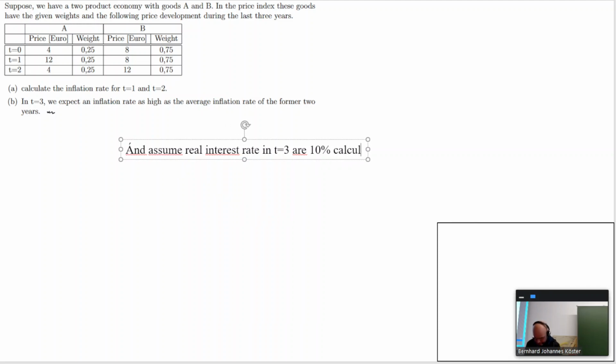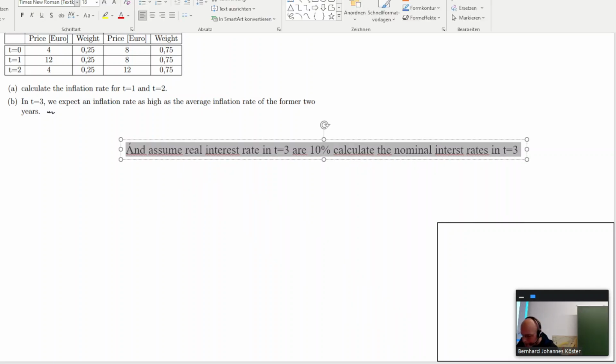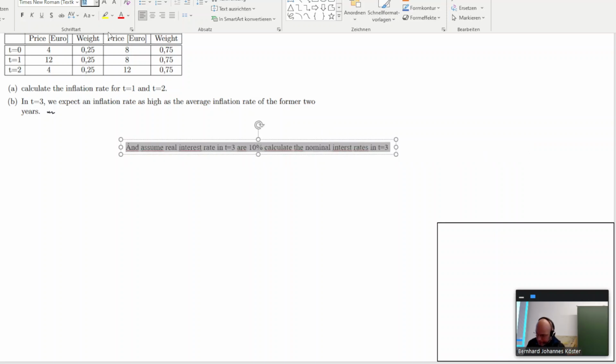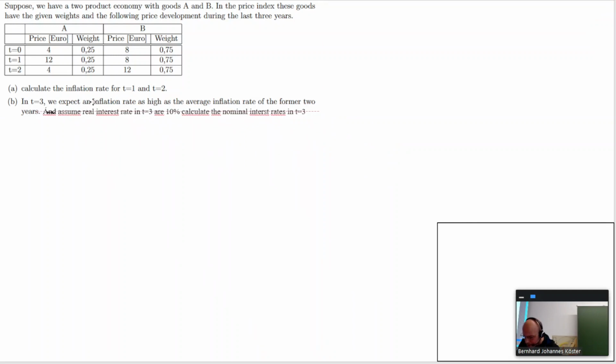Calculate the nominal interest rate in t equals 3. And what this is about, we will talk about in just a minute. First of all, we want to calculate the inflation rates.